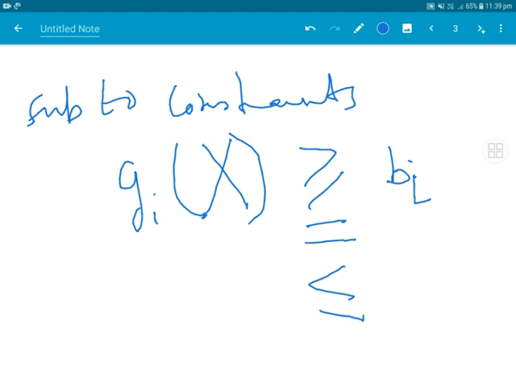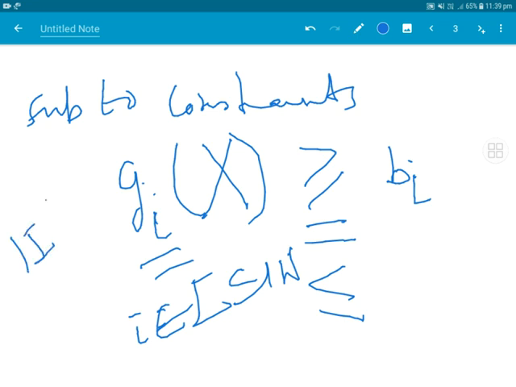What I want to mean here is that we are using another set, I, where i belongs to capital I, a subset of N, which has cardinality, suppose, capital M. That means M constraints are given to you. For each i running from 1 up to capital M, we will be getting at least one equation, and each of these equations depends on the function g_i.